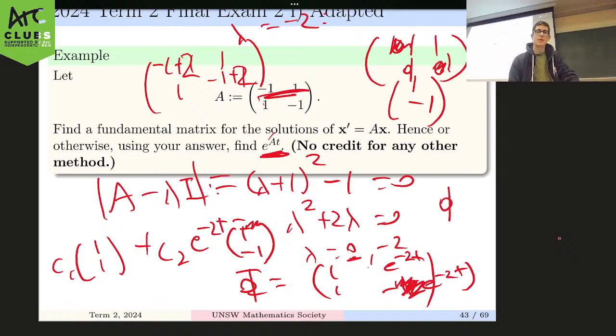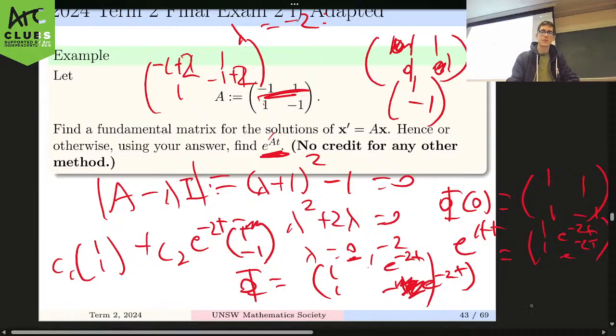So phi of 0 is equal to (1, 1; 1, -1). So e to the At is equal to phi of t, (1, 1; e to the -2t, negative e to the -2t), times the inverse of this matrix, phi of 0.